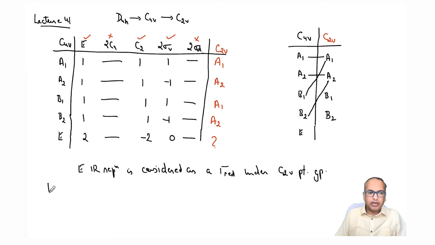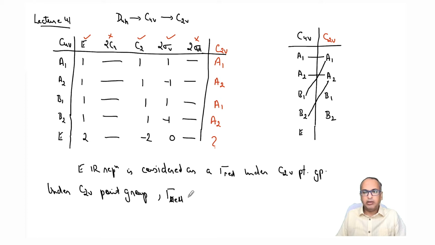So I will write down under C2V point group, tau E or tau reducible, which is nothing but E in C4V point group, reduces to B1 plus B2, right? This comes using the reduction formula, which I'm not going to show how to do this calculation again. You must have done a lot of practice by now.